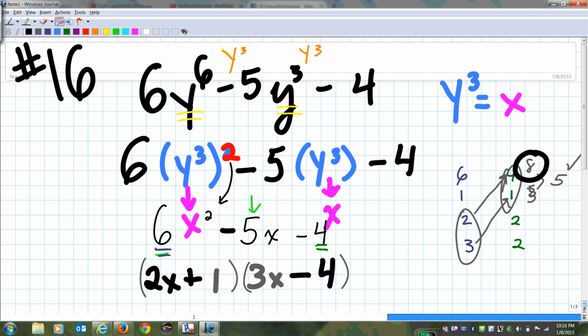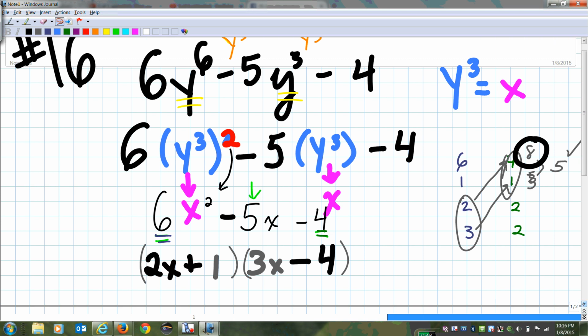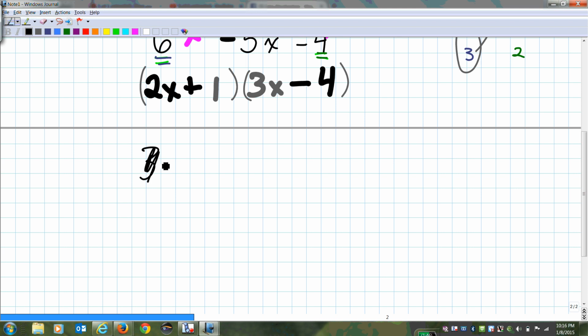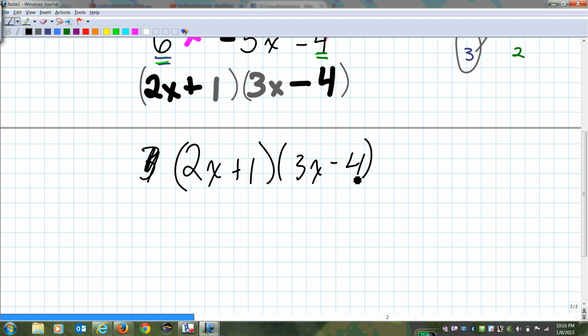Okay, and then from here, let's double check to make sure you're correct. Let's see if this actually works. So we have 2x plus 1, and we have 3x minus 4. Let's FOIL that and see if it actually works.